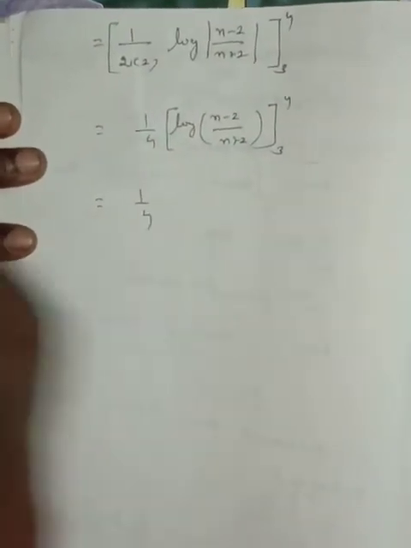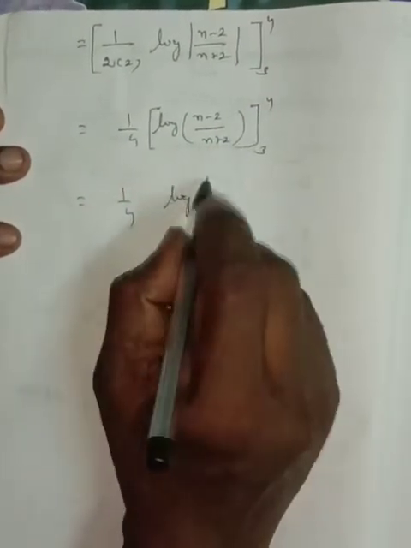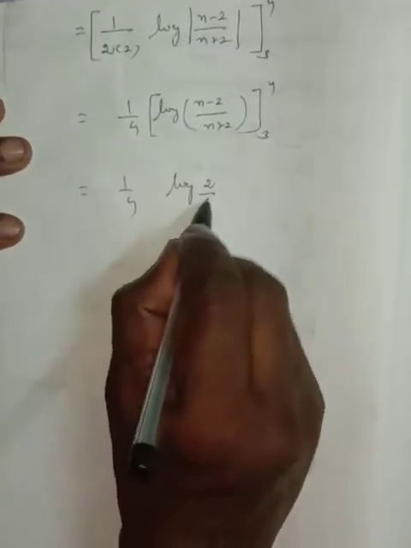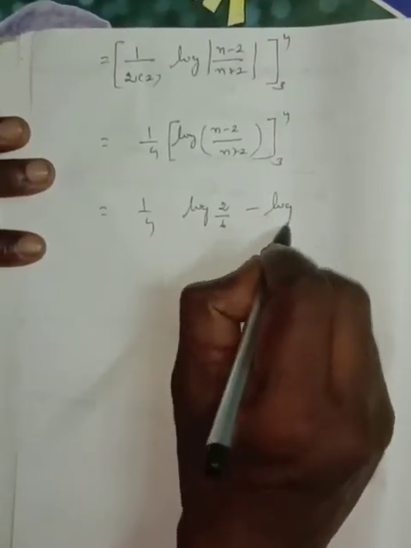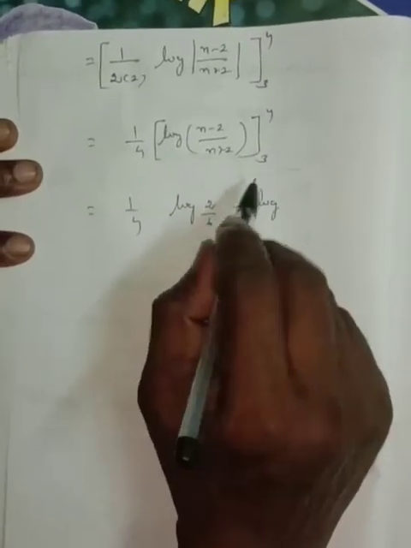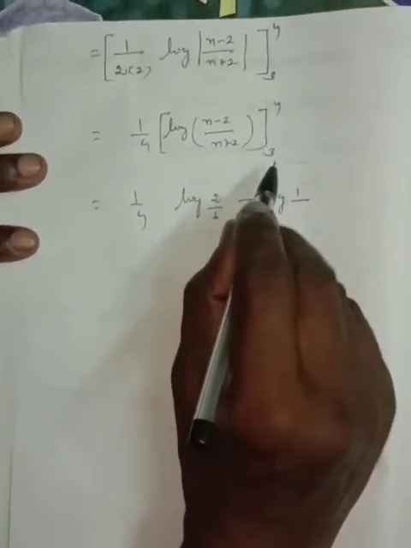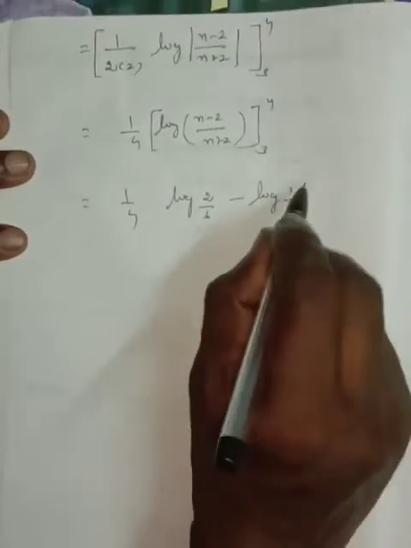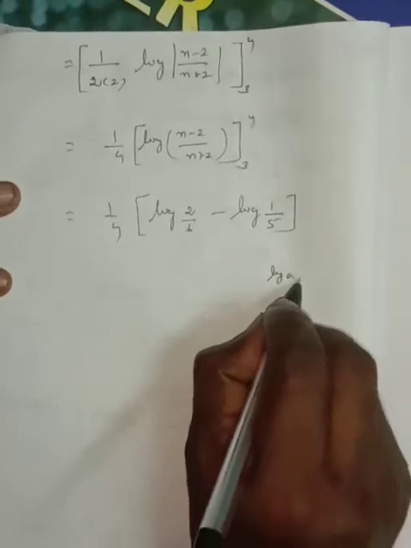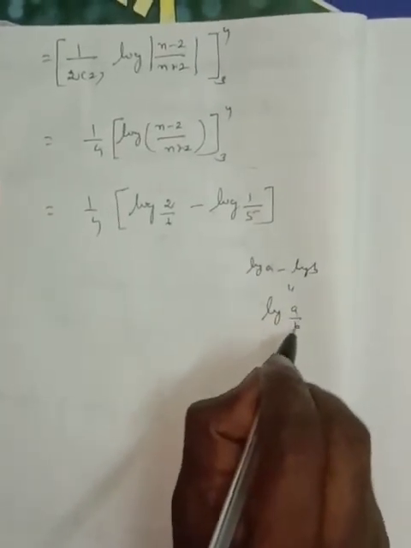1 by 4. Apply the upper limit: log of 4 minus 2, which is 2, divided by 6, minus, apply the lower limit: log of 3 minus 2, which is 1, divided by 5. We know that log a minus log b is equal to log a by b.